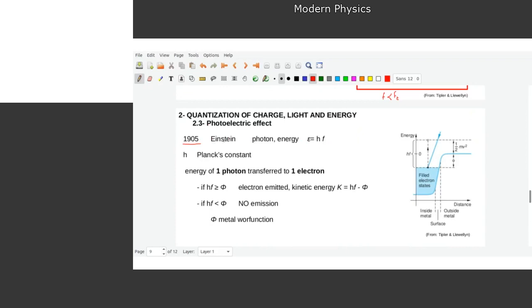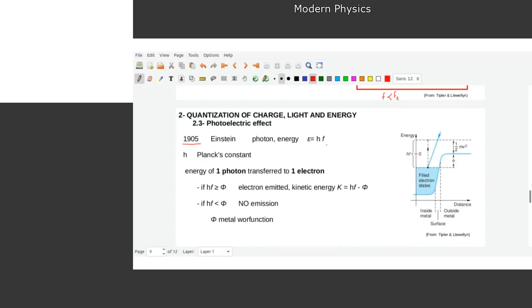So Einstein somehow generalizes what Planck had said about the oscillators in the materials, okay? The oscillators are electrons, and they oscillate when they are, for example, submitted to an oscillating electric field.